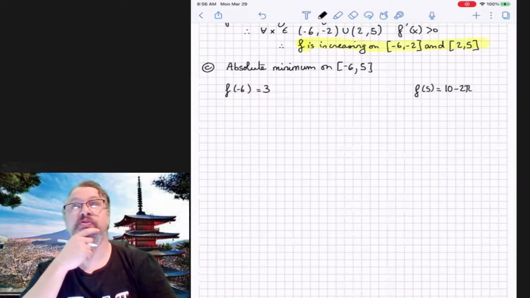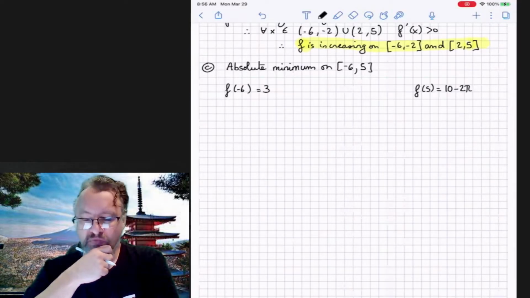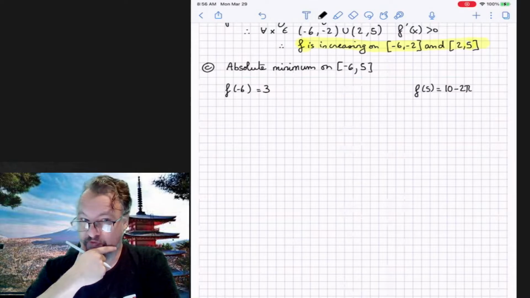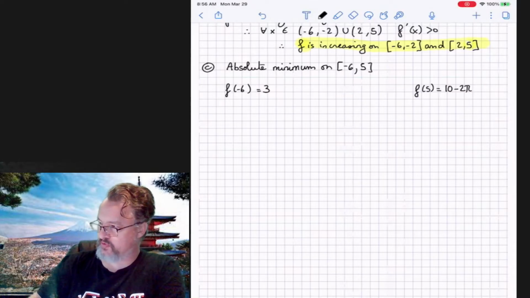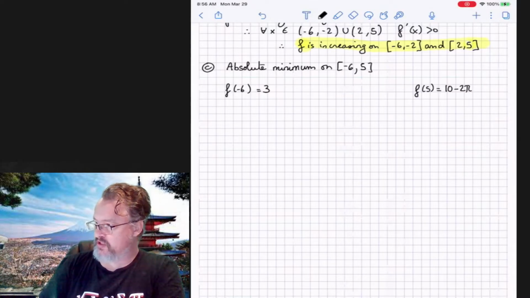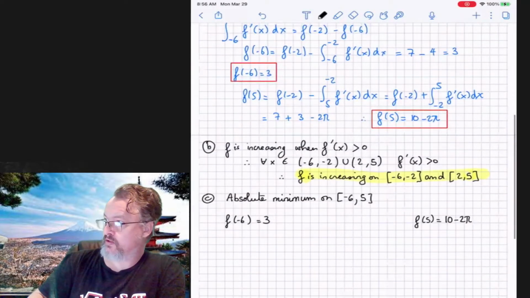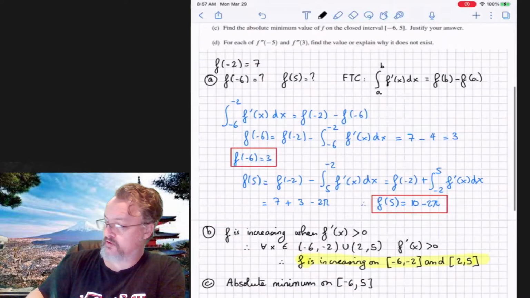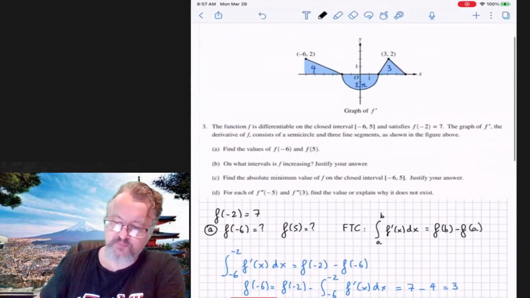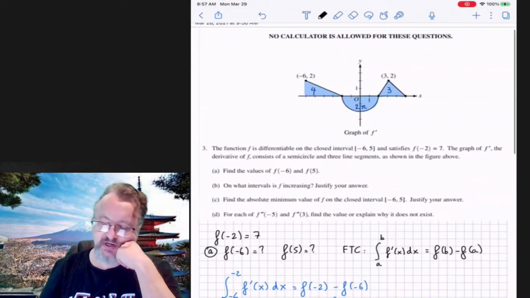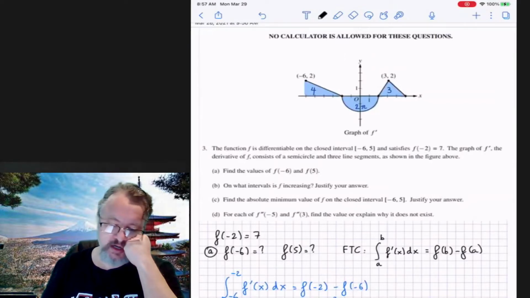But we're also going to check the critical points for it. So what are the critical points? Well, for the critical points, we need to look at the graph.